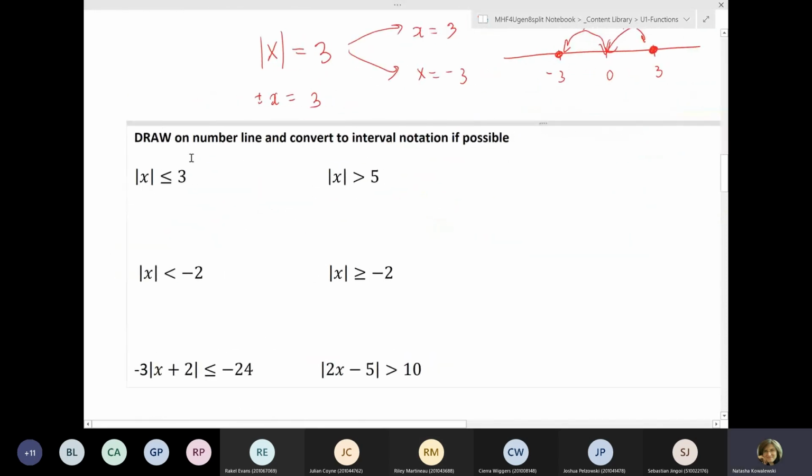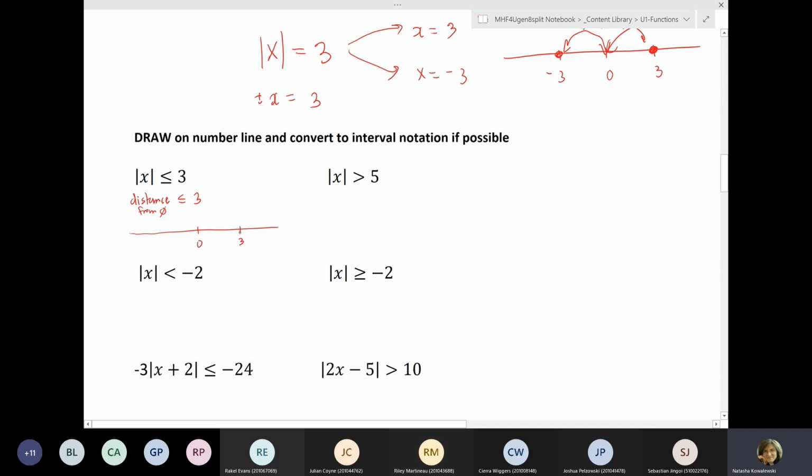So this particular one, it says we want the distance of all the numbers to be less than or equal to 3. So if I were to draw, here's my 0, distance from 0, let me be specific, from 0. We want all the numbers shaded so that the distance to 0 is 3 or lower.